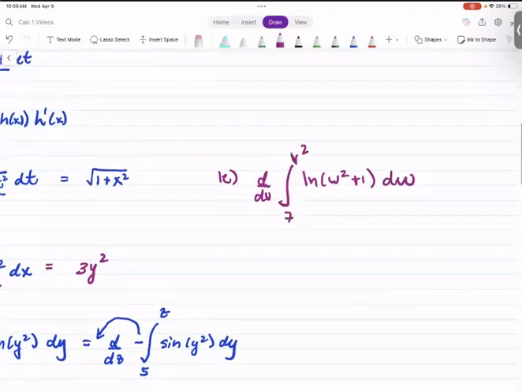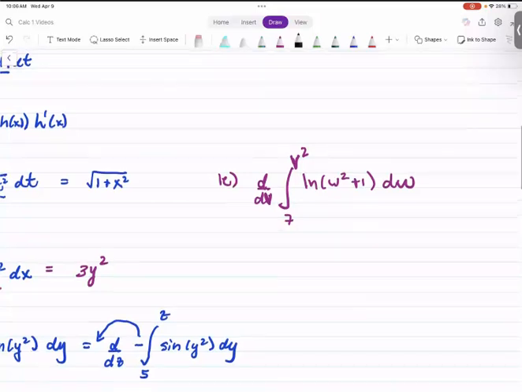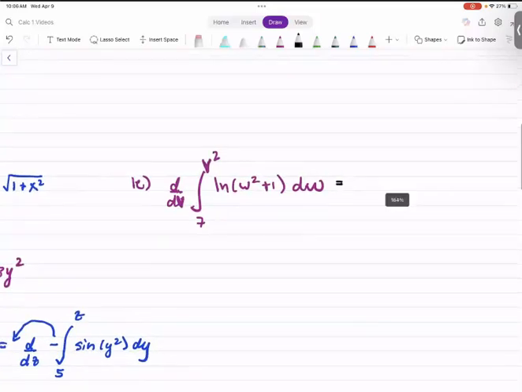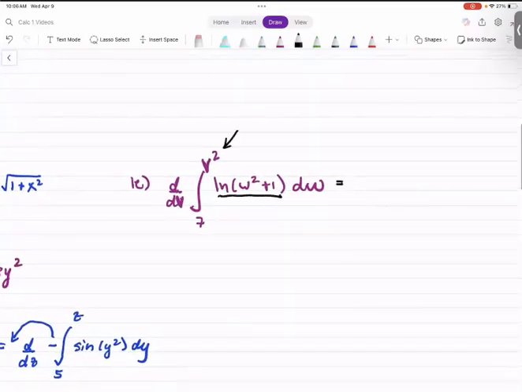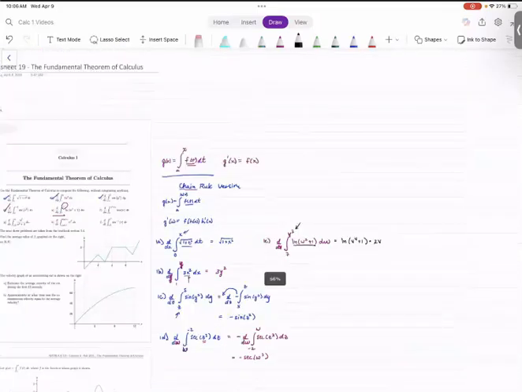Since this is now not just the same variable, it is the same variable, and those variables have to match, but it's not just v itself, it's a function of v. So then the chain rule applies. So it's going to be equal to the inside function evaluated there, so the natural log of v squared squared, so v to the 4th plus 1, times the derivative of v squared, 2v. Easy peasy. Let's do it again.